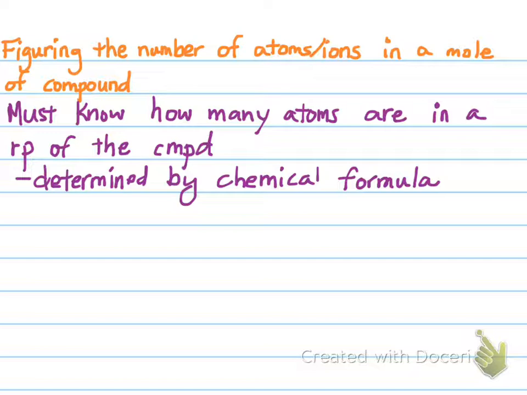When it's ionic, remember our process to write our chemical formulas are those 4 steps. We write our symbols, we write our charges, we crisscross down the charges, just the numbers, not the signs, and we make sure it's the lowest whole number ratio. Symbols, charges, crisscross, lowest whole number ratio, that's ionic compounds.